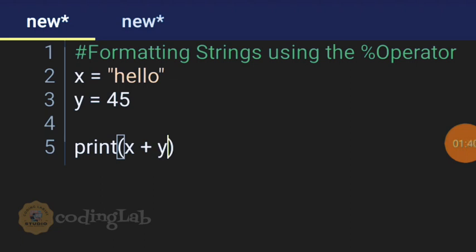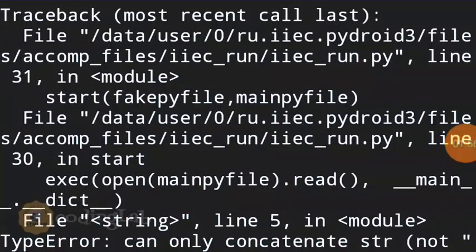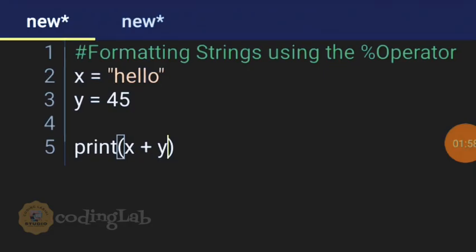This will not work because we want to combine two data types together, which is string and integer. Now let's run it. Good, we get an error. We can only concatenate two strings together, and to do this we have to make our 45 a string also.